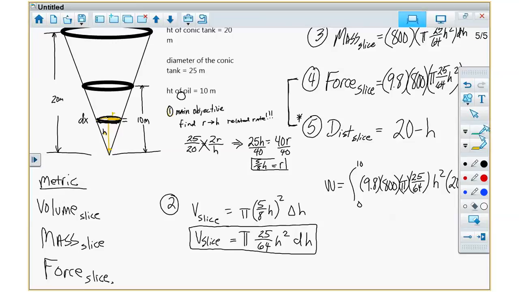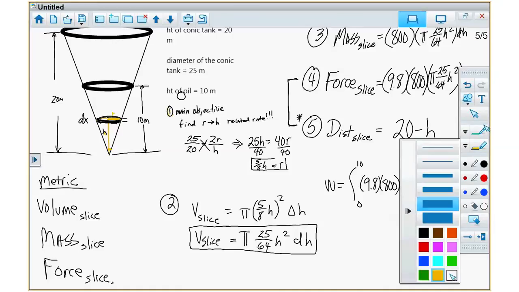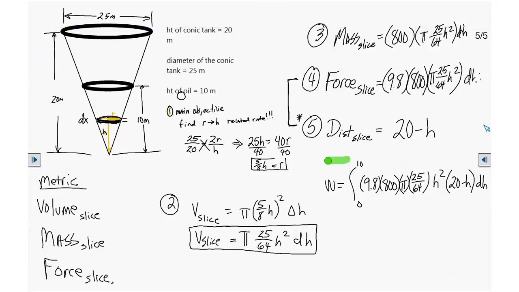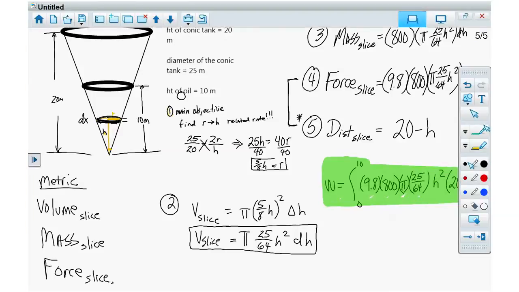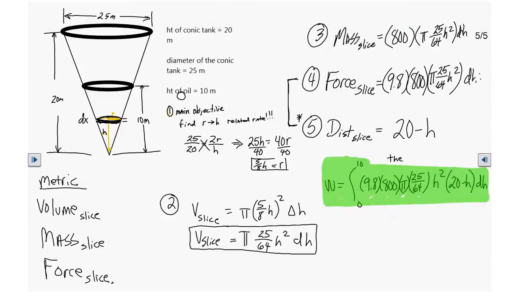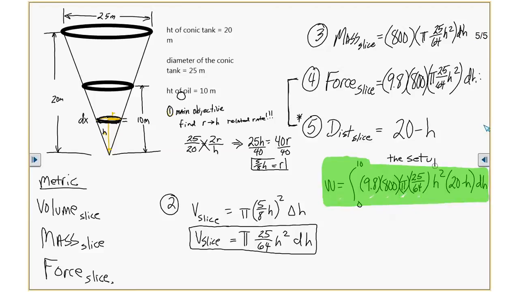Take your highlighter. I want everybody to take your highlighter right now, and I want you to highlight this. Because this is what you consider the setup, which a lot of homework problems and test questions are going to ask you for.